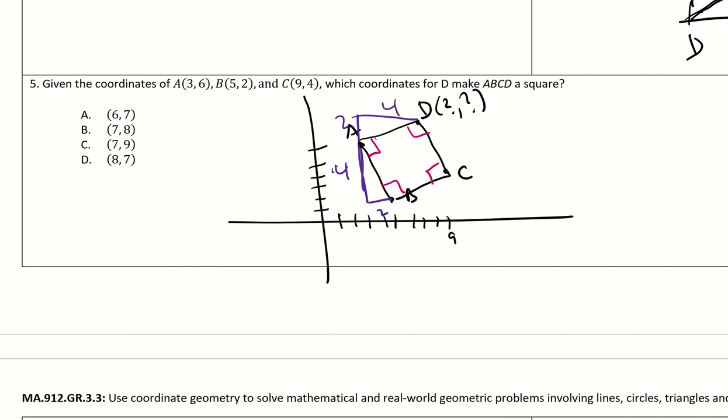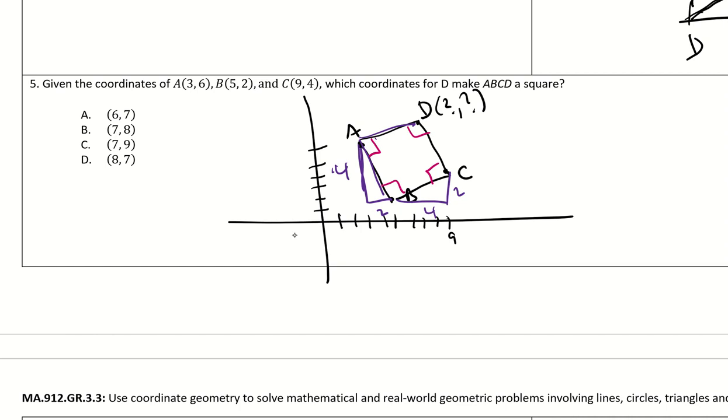Well, actually, we don't know that actually, because that's just a guess. That's just my guess for D. But we know how to do BC. BC is 4, and then it goes up 2. And then, okay, to get from A to D or D to C, for these two to be perpendicular, well, then the slopes have to be like opposite and reverse, right?